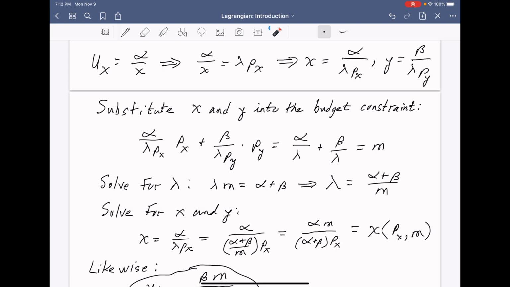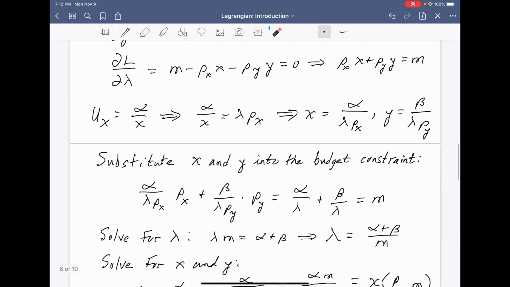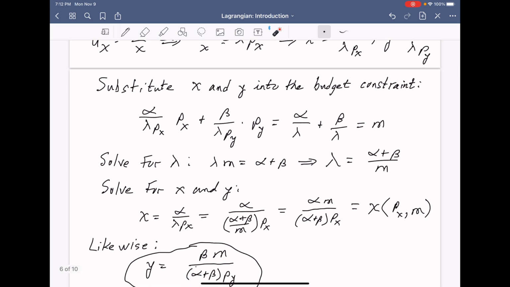So we solve for x and y, and we get the result that x equals alpha over lambda p of x. Substituting lambda, we get alpha over alpha plus beta times m over p of x. So x is a function of p of x and m.